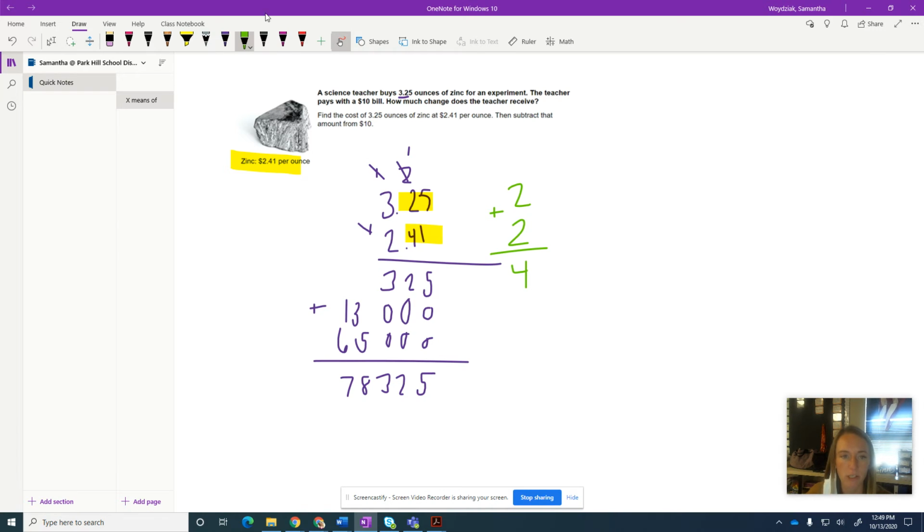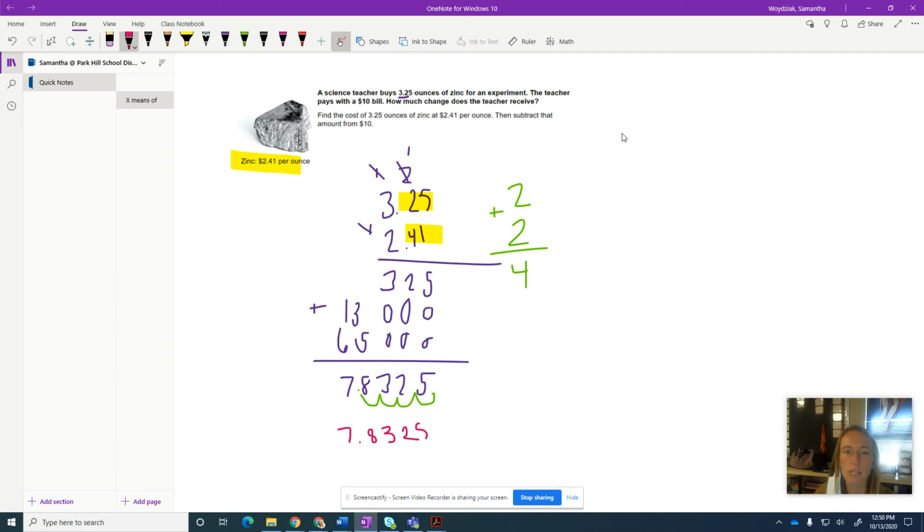I get 4. That means I need to move my decimal point 4 times. I always start my decimal point at the very end, and I move over 1, 2, 3, 4. Put my decimal there. I always like to rewrite my number as well. 7.8325.